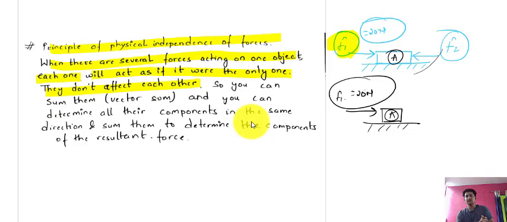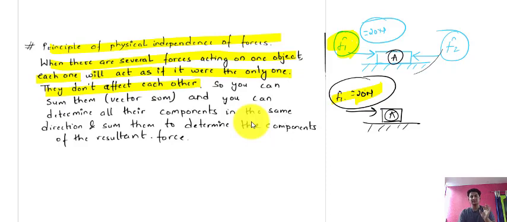So the meaning of this statement is that the force will think that it is only working on the object and it will produce the same effect as it would have on the object individually. Okay, so the effect of the force will be similar, either it is applied individually or with a group of forces. So the force will think that its effect should be applied similarly.